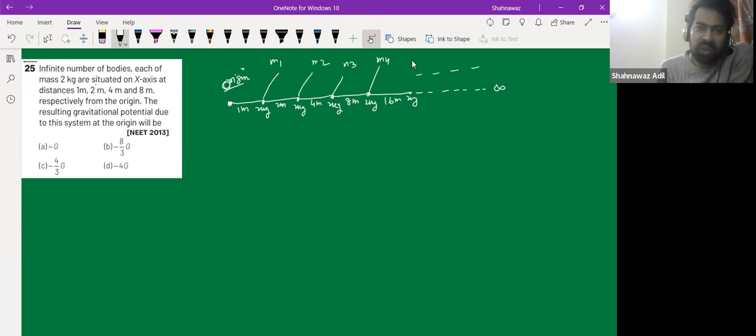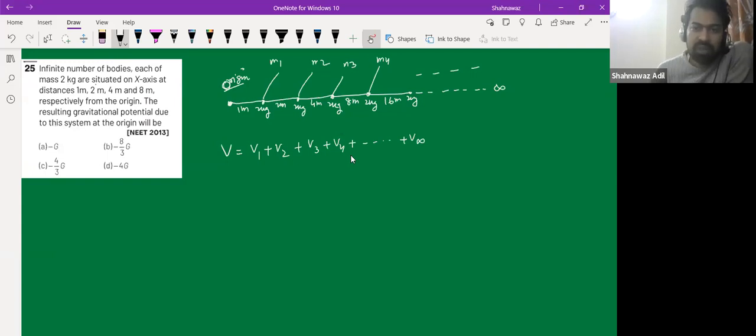Due to each mass there would be a contribution of potential. So your overall potential would be V1 plus V2 plus V3 plus V4 and so on up to V infinity.